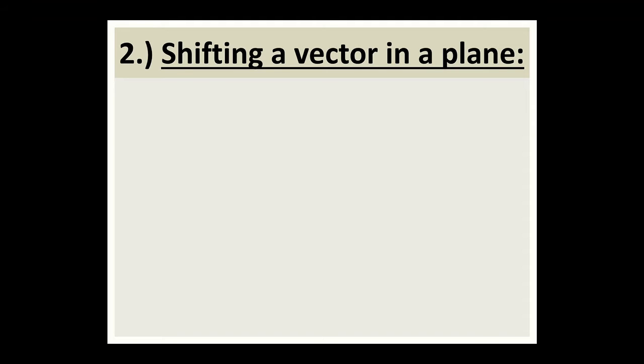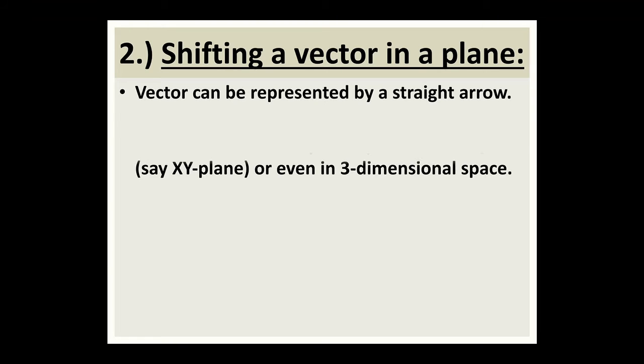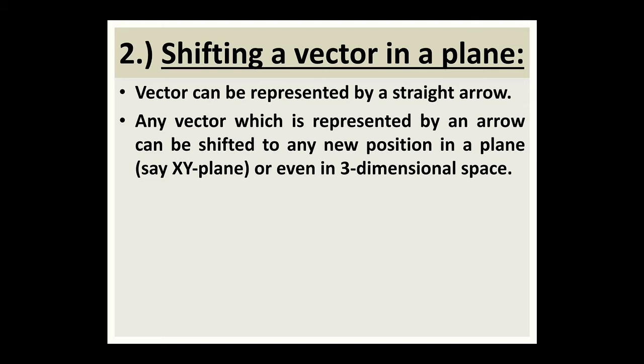So our second operation is shifting a vector in a plane, which means you can simply shift a vector in a plane anywhere you want. A vector can be represented by a straight arrow, as you have studied in our previous video.